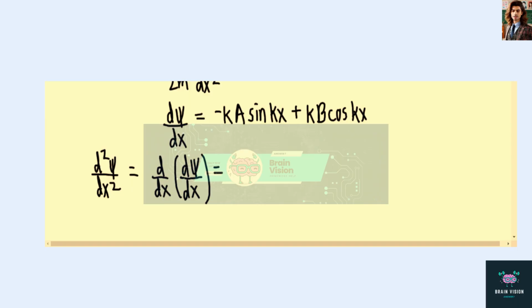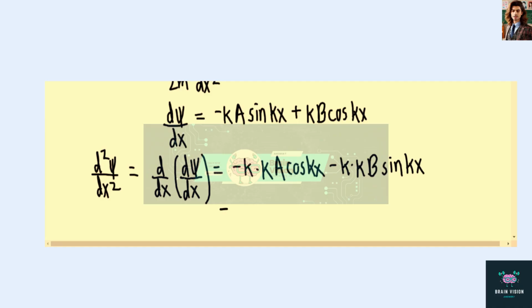So now we have a second k that comes out times k a, and the derivative of sine is cosine. So we have cosine kx, and the derivative of cosine is negative sine. So now we have a negative k that comes out times k b and sine kx.